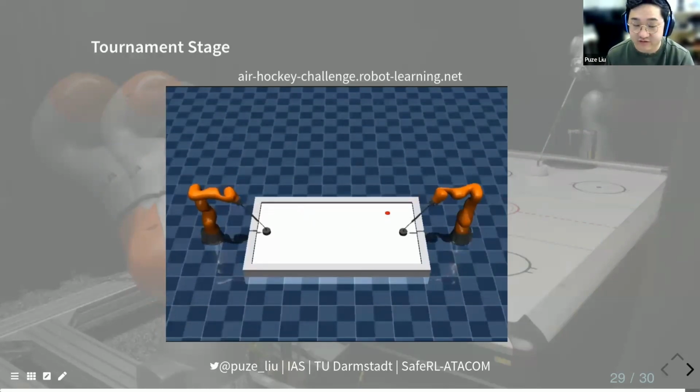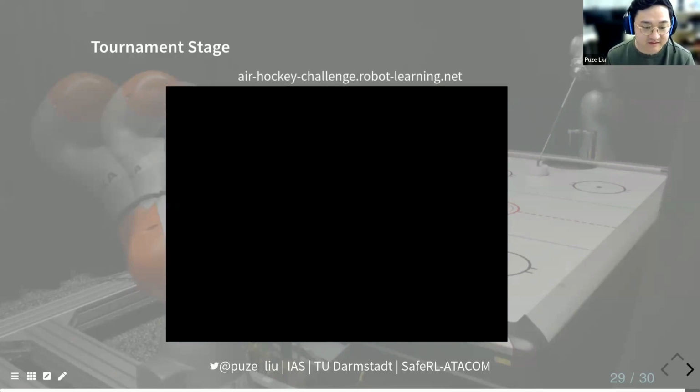I think this is a good fit for the safe reinforcement learning approaches you want to deploy or explore, since we also have joint space constraints, task space constraints, and different real-world factors involved in the simulation.